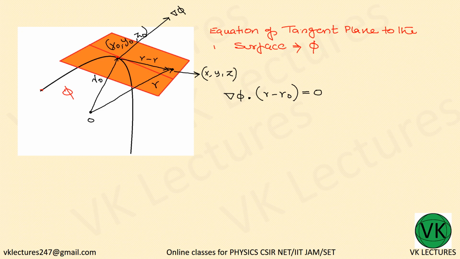Now if you take this as a triangle from O, this is A and this is B, so OAB, if you consider it as the triangle, then OA equal to r naught, and OB equal to r.